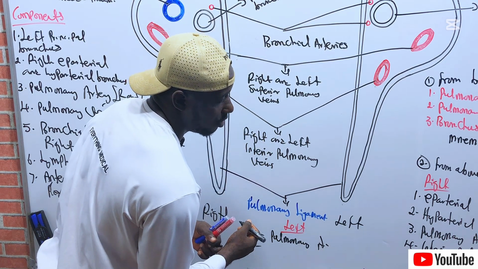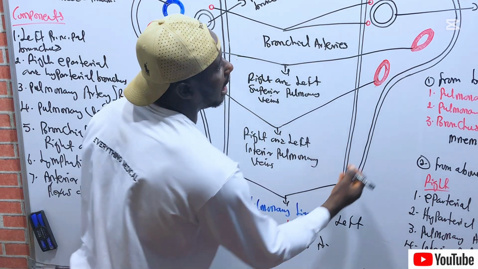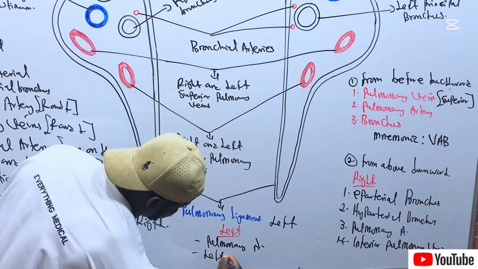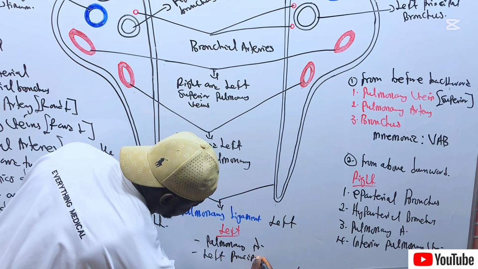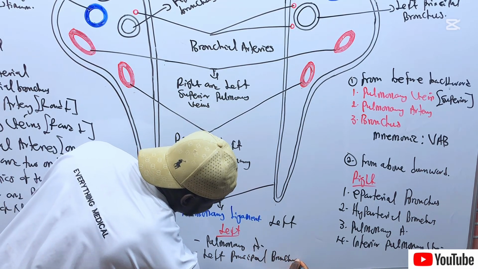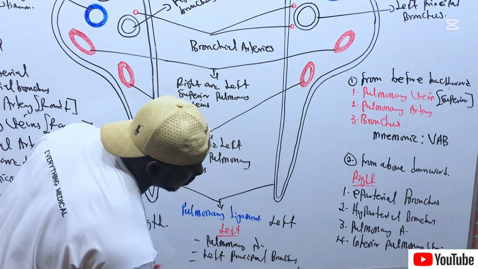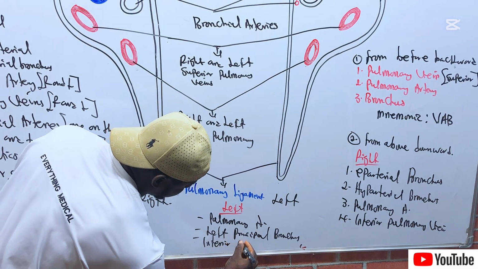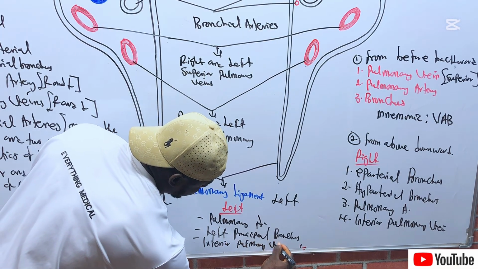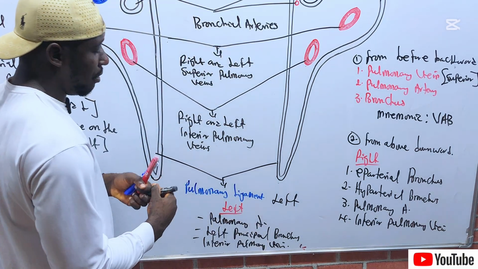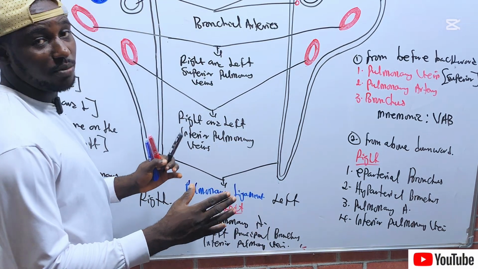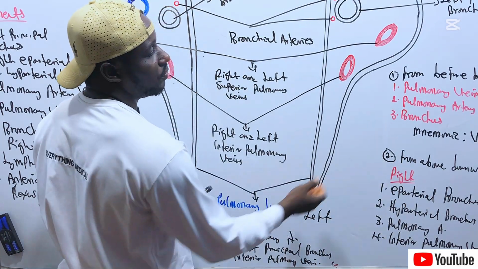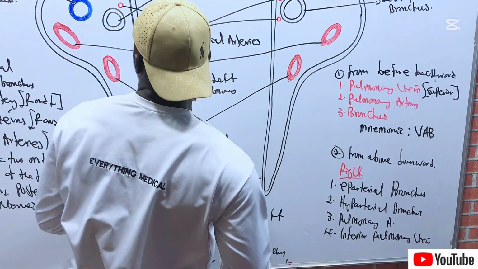We have the left principal bronchus. We still have the pulmonary vein, the inferior pulmonary vein. So this is how it works. So the left and the right form from above downward. Now this forms from before backward.